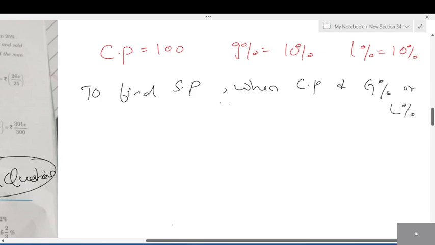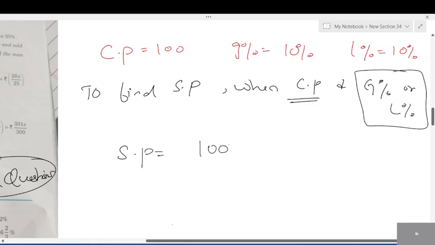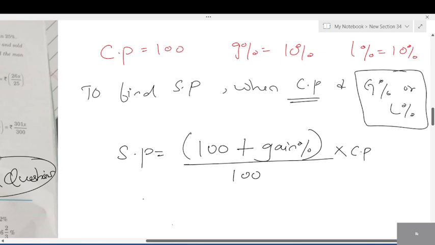What are the two things that will be given here? Cost price, along with cost price, they'll give either gain percent or loss percent. Then the formula is selling price is equal to 100 plus gain percent divided by 100 into cost price. This is the formula for gain percent.